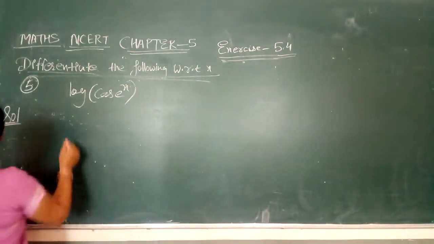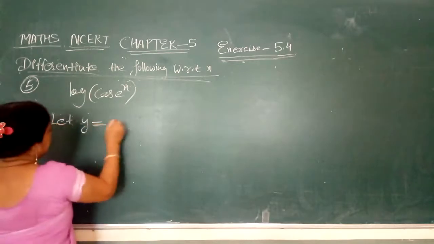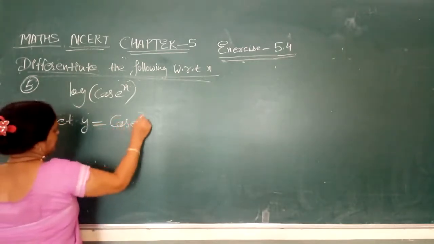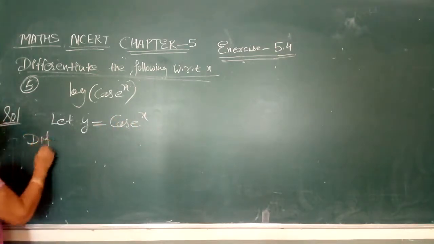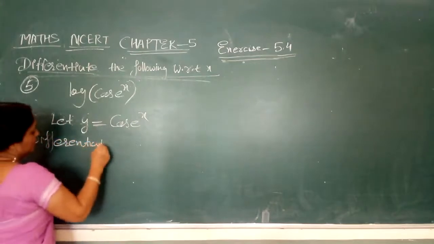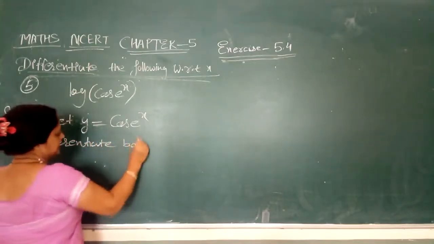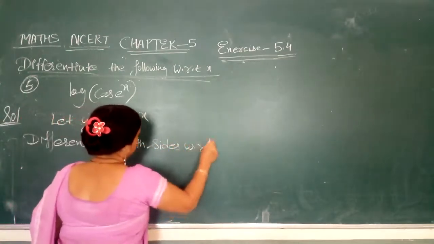So let us start the solution. Let y be equal to log of cos e raised to power x. Now differentiate both sides with respect to x.